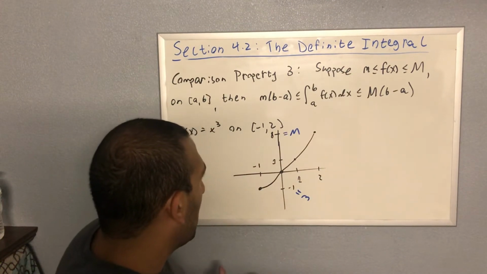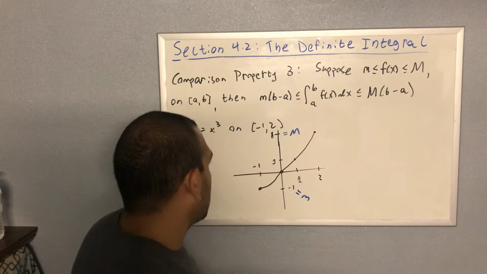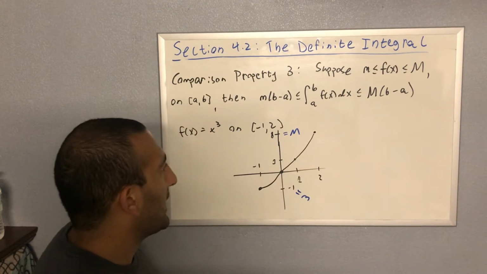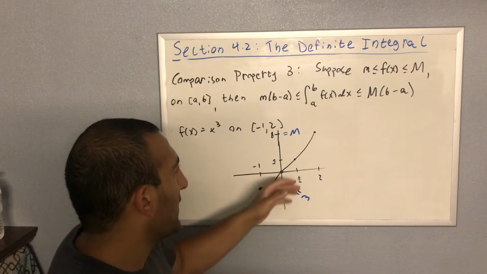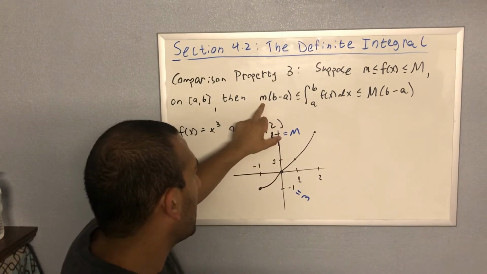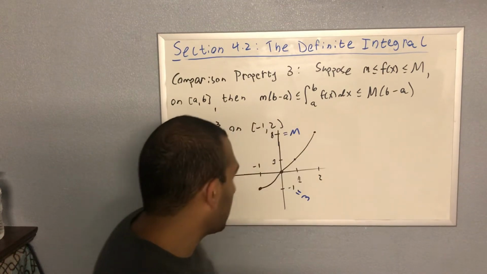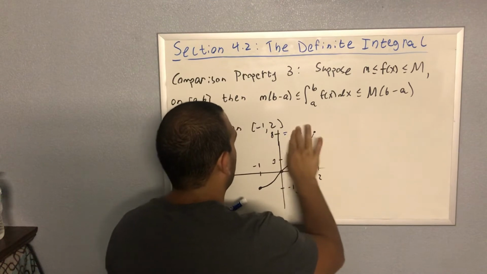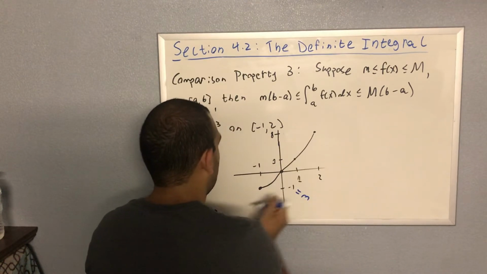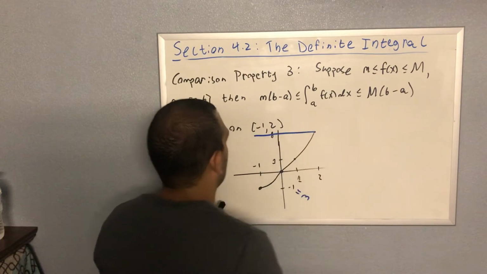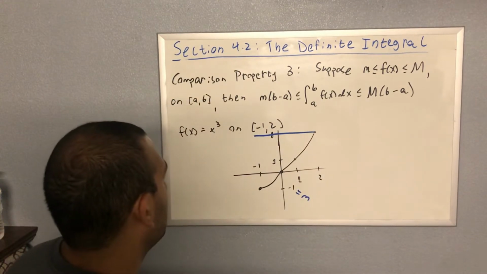And then all this is saying is that the area underneath the curve here can't be any bigger than the area underneath the curve if we just consider the function to be constant at the lower value or the upper value. So what do I mean by that? If instead on this interval we said the function the whole time is 8.